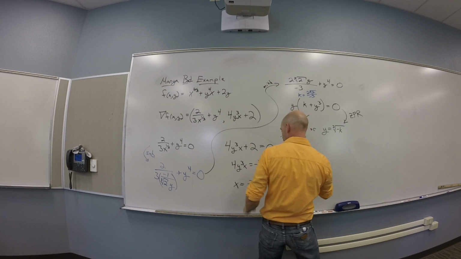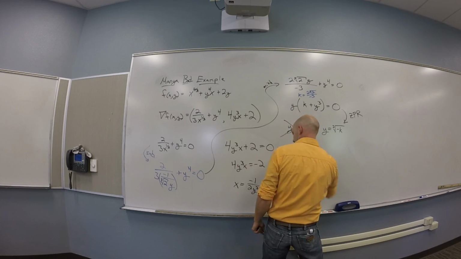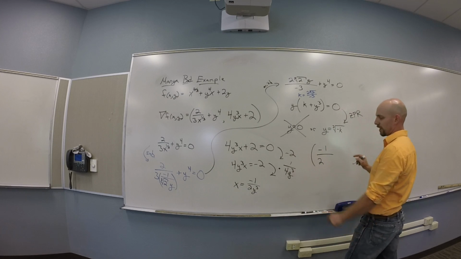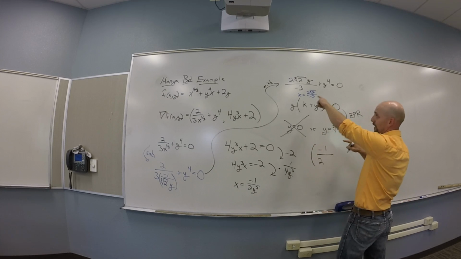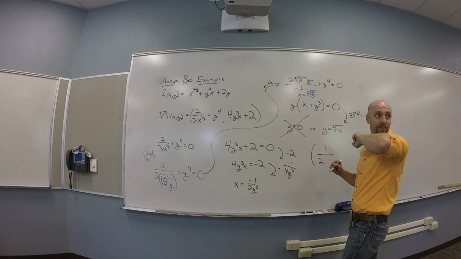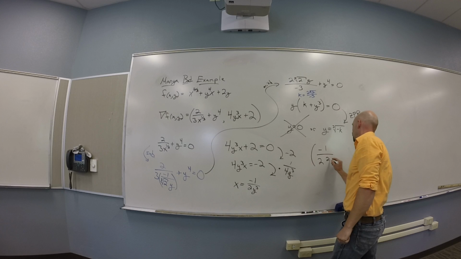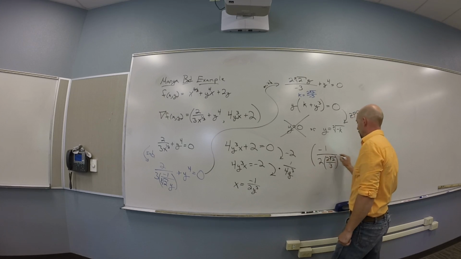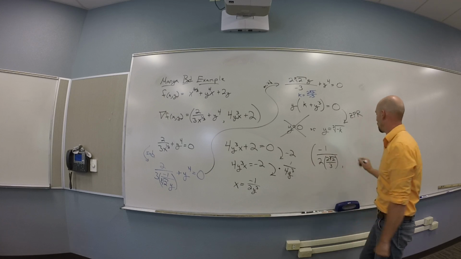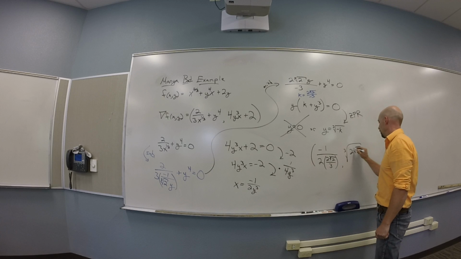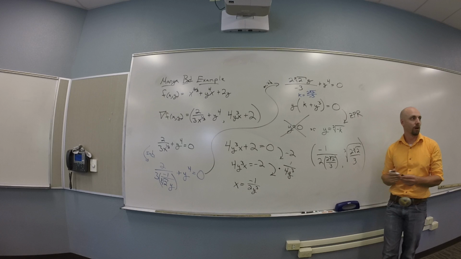So my one and only critical point happens to be at -1/2, and then I need the cube root of negative that cubed. So I just get negative that. So I get 2 cube root of 2/3. So whatever that is, comma, 3/4. The cube root of negative that is 2 cube roots of 2/3. So there's your one critical point, right?